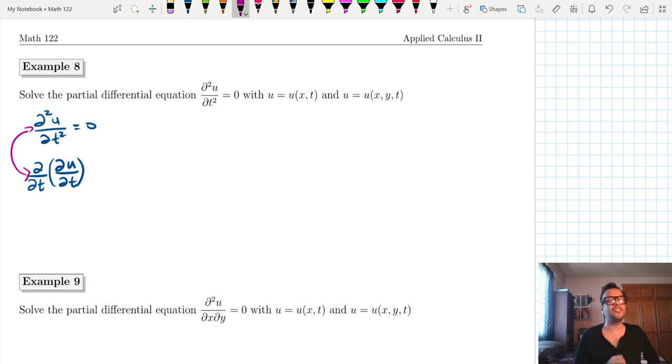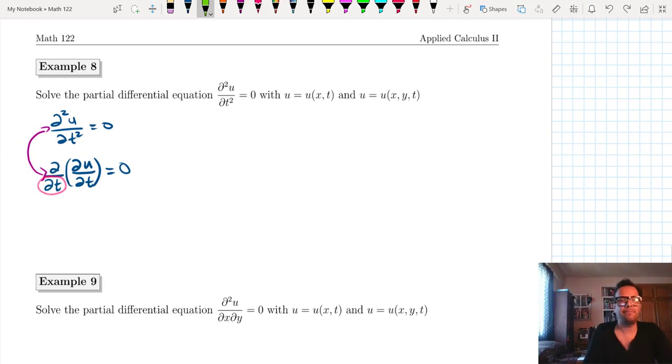The reason why I'm changing the notation here is because when I do the separation of variables, it is this dt that I'm going to multiply on both sides, to start separating the variables. So I'm going to multiply both sides by dt.